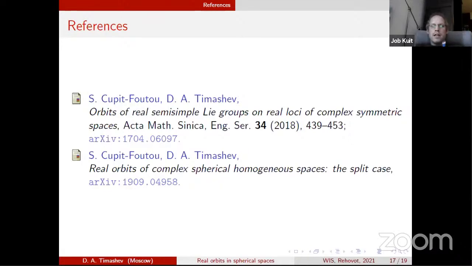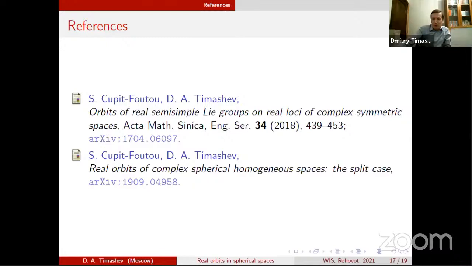They get an action of the Weyl group on some quotient, but I think they take the minimal parabolic. So they don't look at split groups. They look at the orbits of the R points of the minimal parabolic. So it seems that it's not exactly the same as what you are doing. It seems that what you have is more precise.